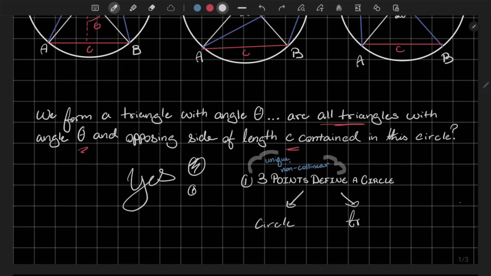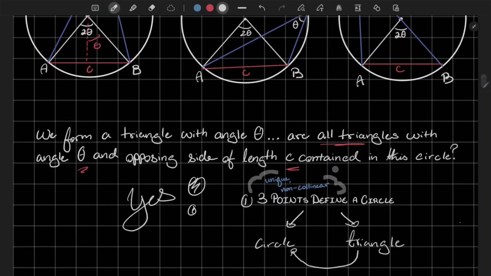And because the 3 points is all the information you need to form both a triangle and a circle, for every triangle you draw, you will be able to attach it to a circle.